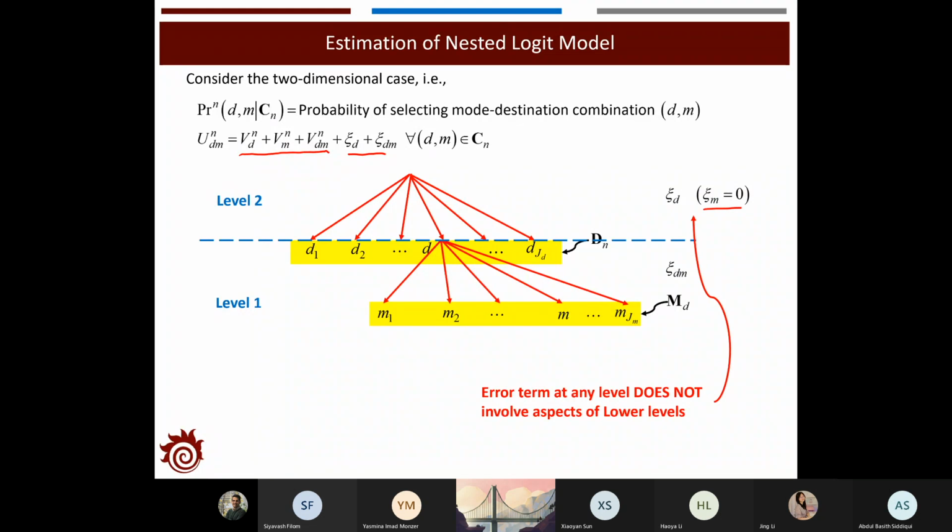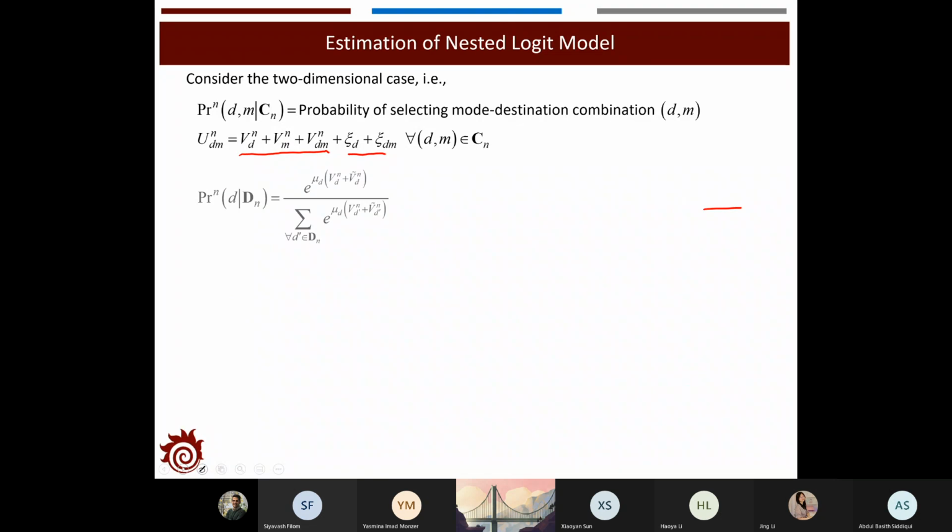So assuming that epsilon m is 0, we have already derived the marginal probability, which is related to the utility of destination d and the log sum term for the destination d. And here, this is the expression for the log sum term.